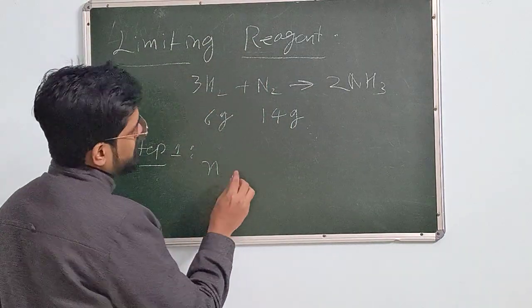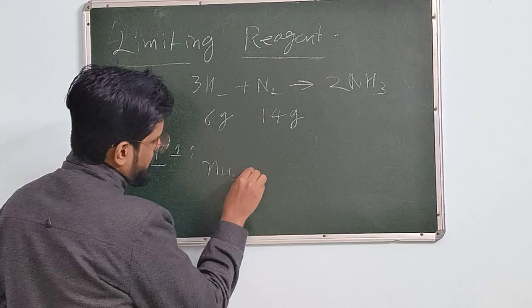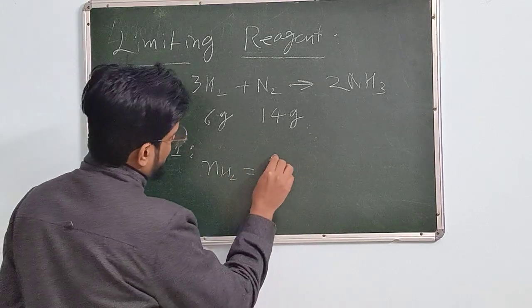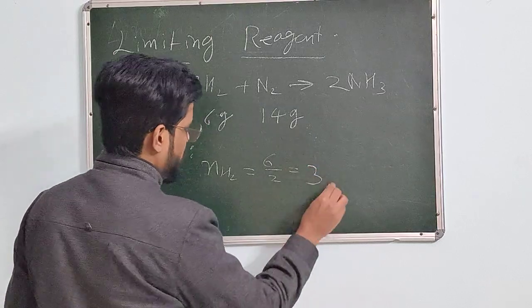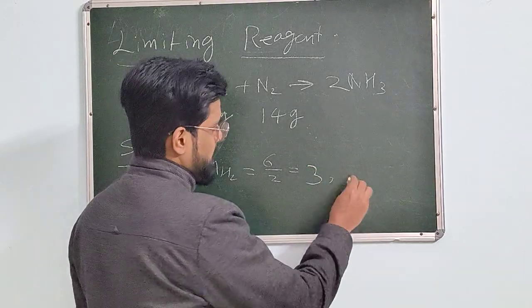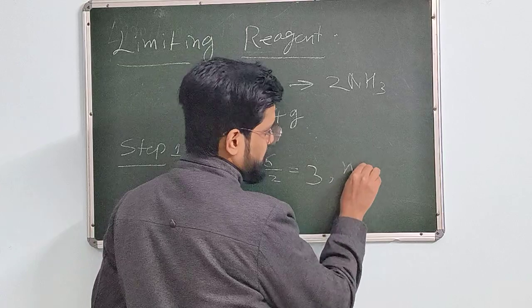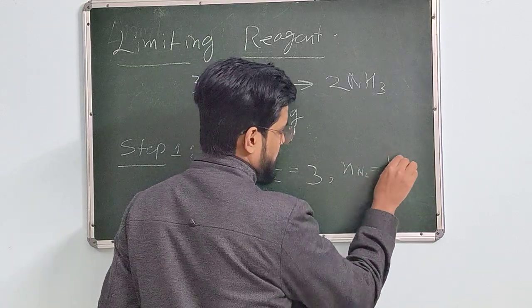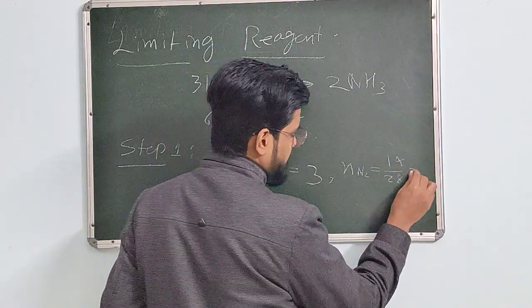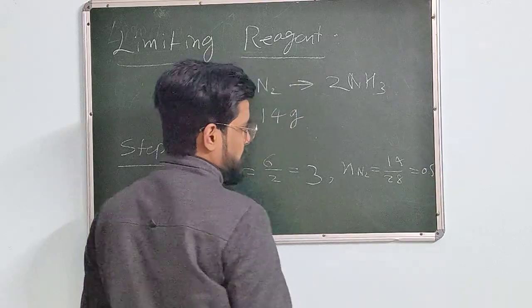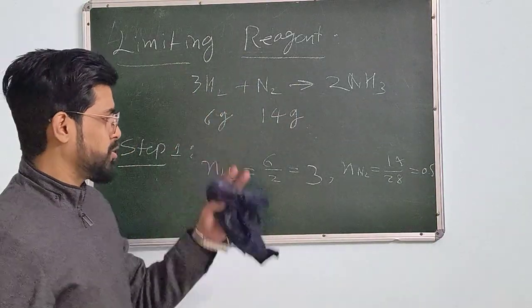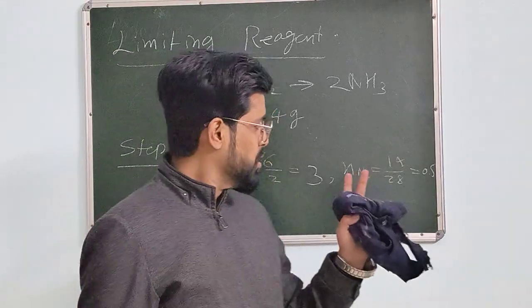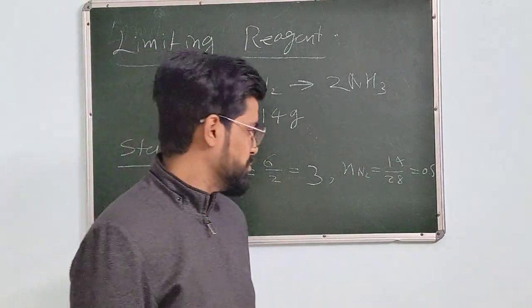So mole of H2 is 6 divided by 2, so we get 3 mole. And mole of N2, 14 divided by 28, we get 0.5. So we got 3 mole of H2 and 0.5 mole of N2.